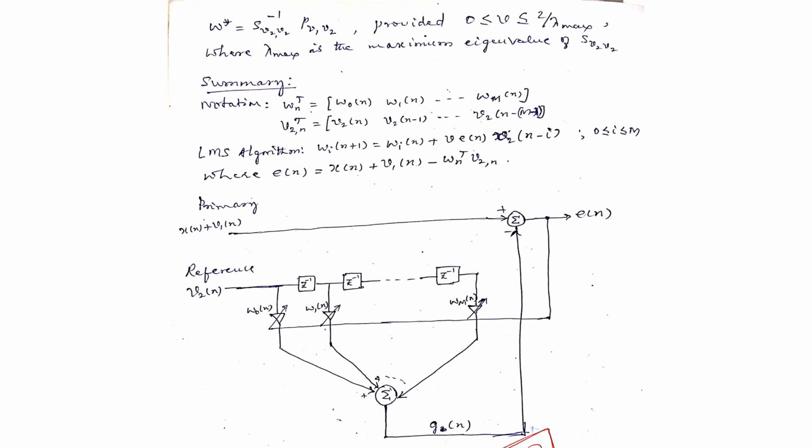And then in the third video, we have seen how those optimum filter configurations can be transformed into adaptive filter configurations by making use of the LMS algorithm. So with this we conclude the adaptive filter discussions. Thank you.